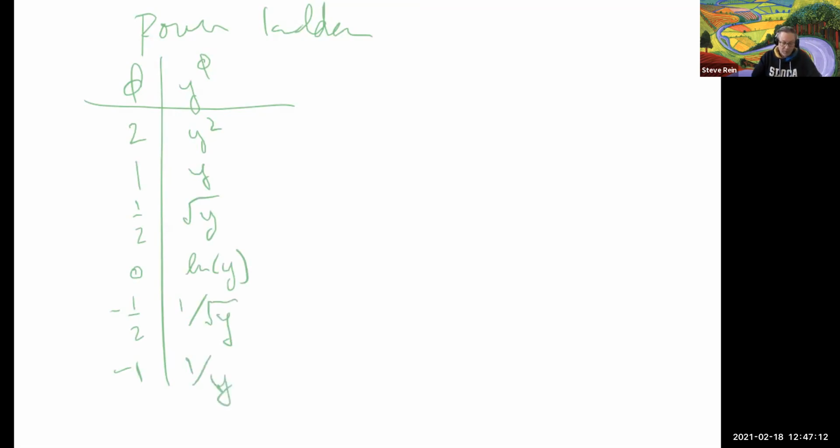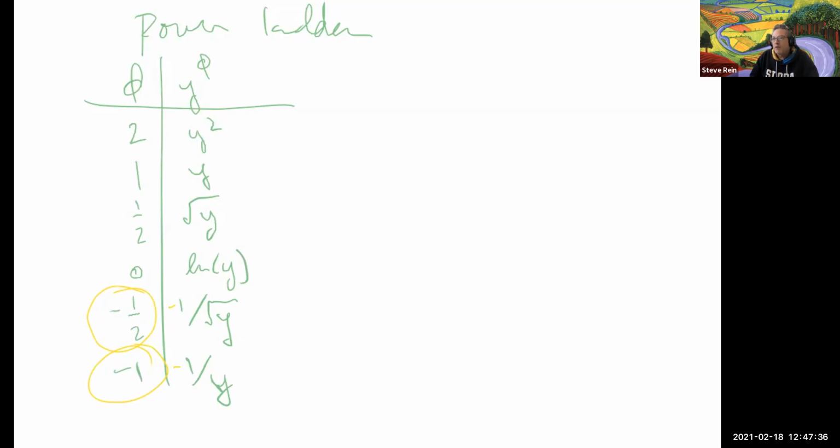And some books will suggest, and I like to do this myself, but it's not necessary, if you've got a negative power, put a negative out in front of the 1. It just keeps the scaling such that what was larger is now still graphically larger further to the right along the y-axis.